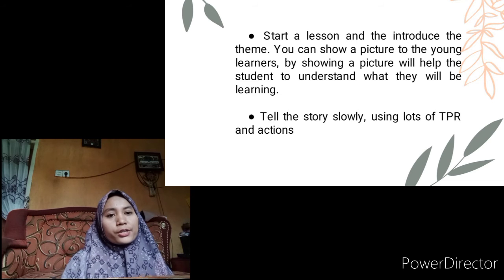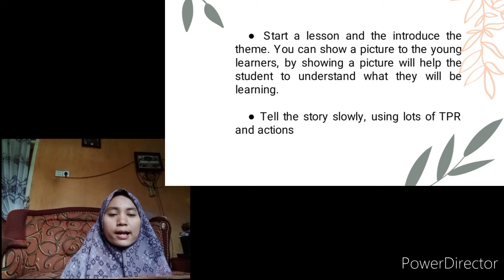And then after you show the picture to the students, you tell the story slowly and using lots of TPR and action. It means that when you tell the story to the young learners, you must tell it slowly and not fast. Because if you tell it slowly, the students can understand what you say.